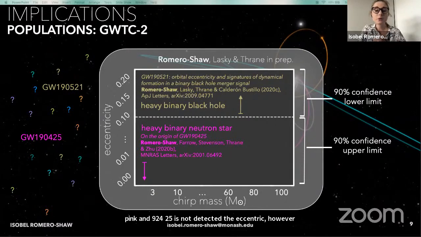However, 190521, which is the most massive binary black hole so far detected in gravitational waves, the arrow shows the 90% lower limit. So under the caveat that we can't include spin-induced precession in our eccentric models, this binary does look like it had significant eccentricity. So this result implies that our mergers could all be dynamically formed, and we could even hope to see a couple more eccentric mergers in GWTC2. And then we could hopefully make more confident statements about how LIGO and Virgo's binaries are forming.